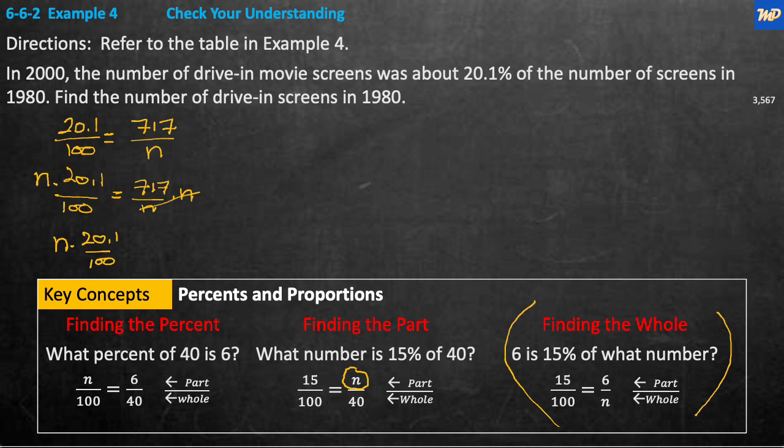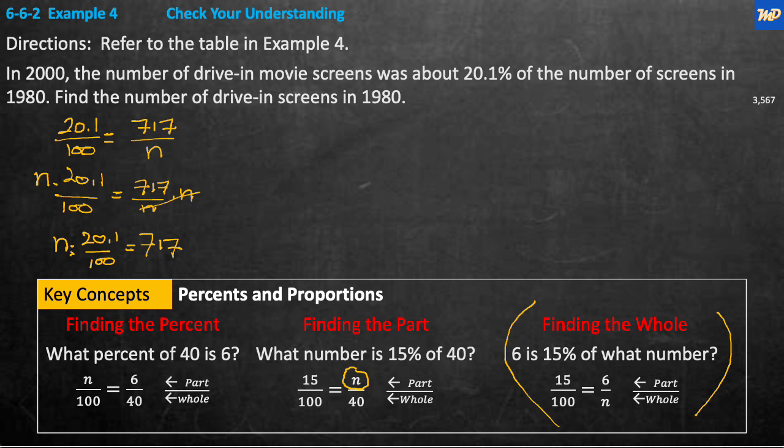Okay, that's this equal right here. So now we're going to carry this on. Okay, I got to get this over as a 717. We got to multiply both sides by 100.